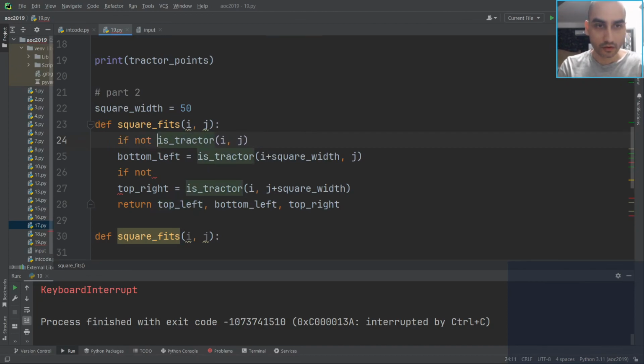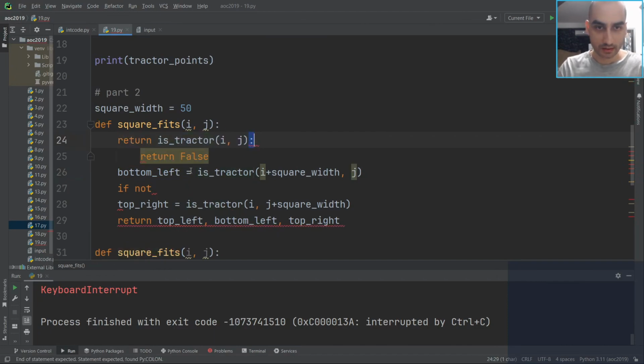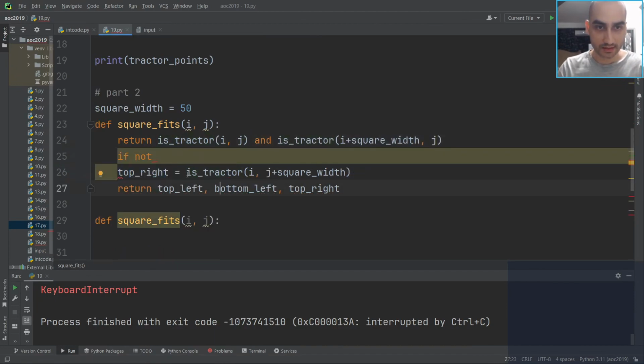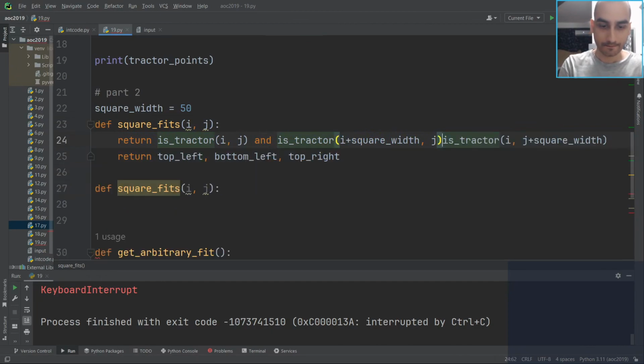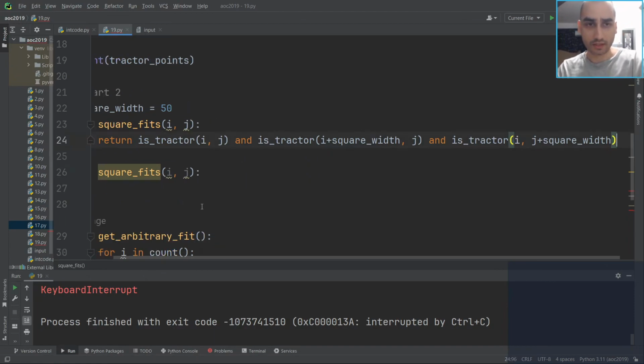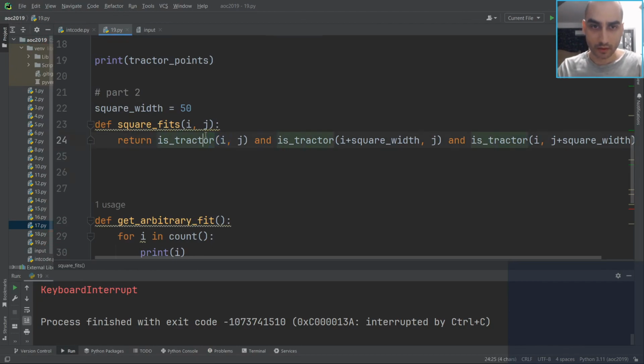If not is_tractor, return false. Or just say return is_tractor i, j, and that and that. Because this all short circuits, this is exactly what we want. Okay, that's it. Just do that. Because once it gets a false, it won't do the remaining ones.